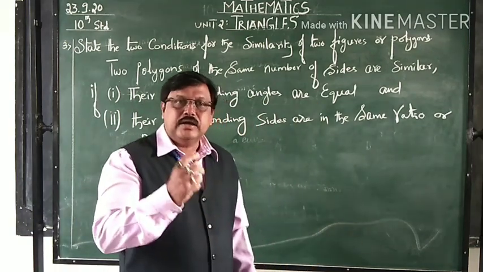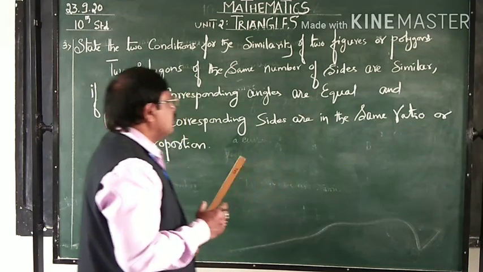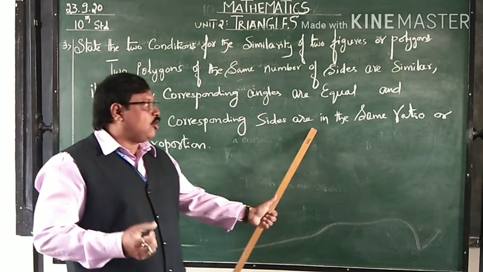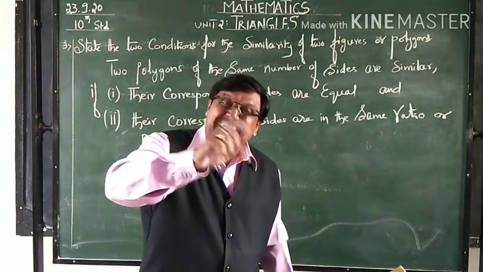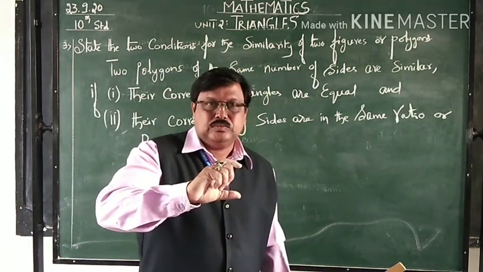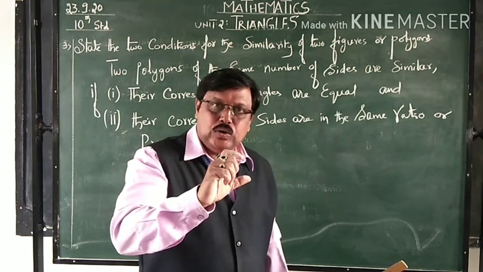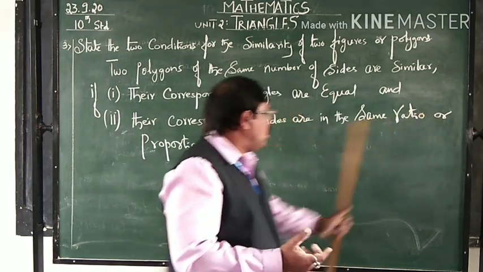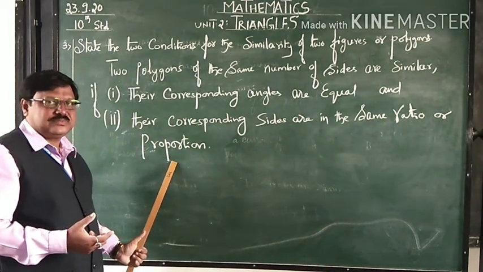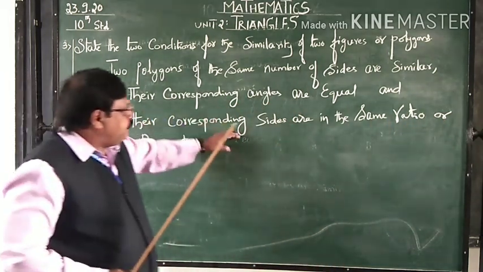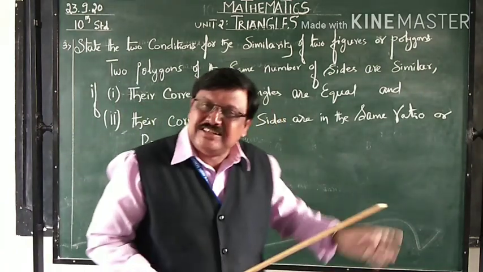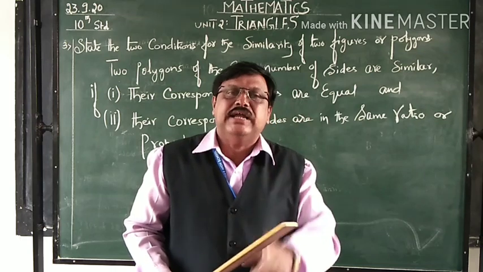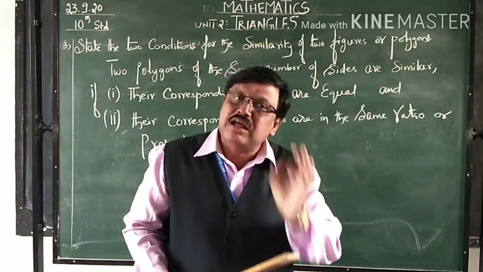They should have equal inclinations. And their corresponding sides are in the same ratio. Corresponding sides ratio, equality of ratios, proportional. Therefore, if the figures obey these two conditions, then you can say easily that two figures are similar figures.